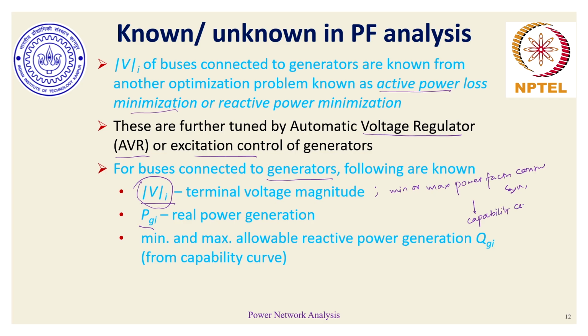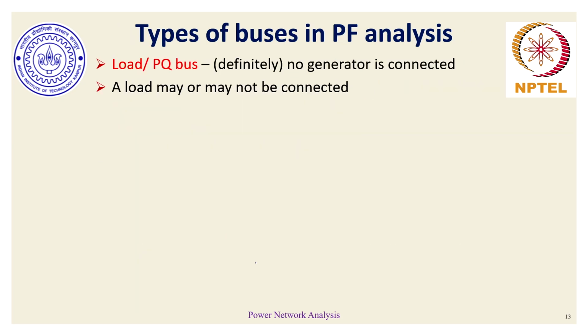So every such synchronous generator, based on the capability curve or the available power factor control, can be stated in terms of minimum and maximum reactive power generation. How much is the minimum reactive power which the generator can generate or absorb or deliver, and vice versa for the maximum, depending on the capability curve of a synchronous generator.